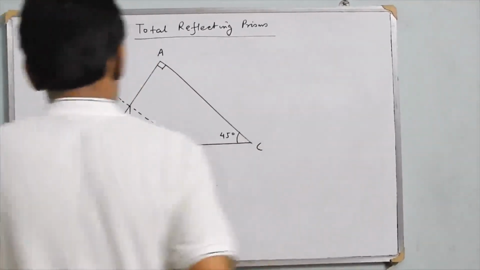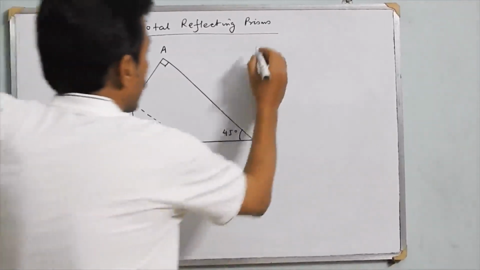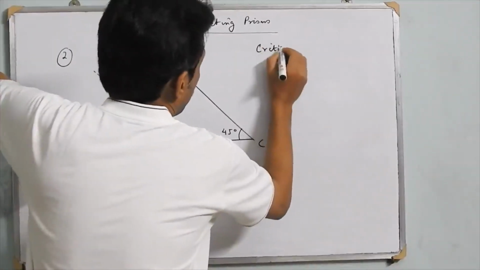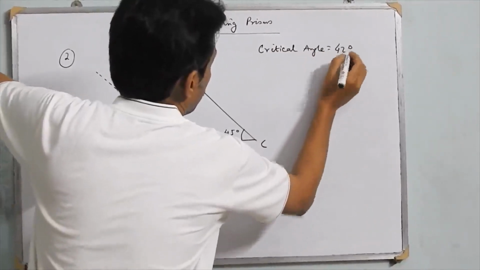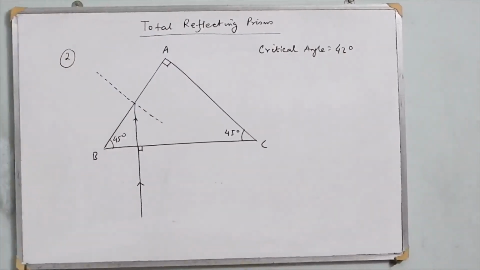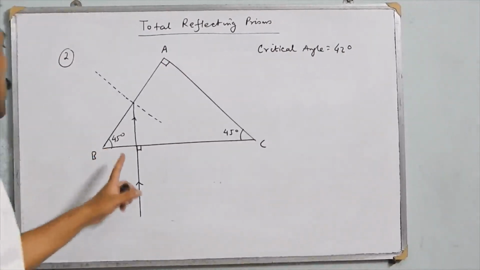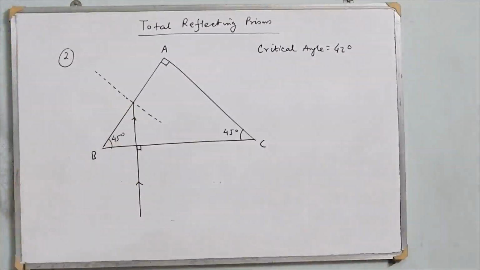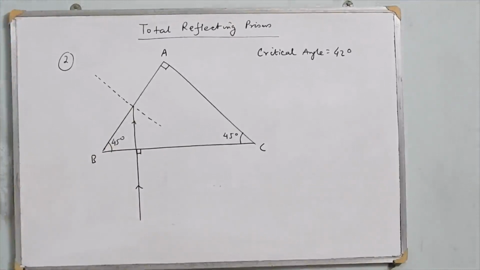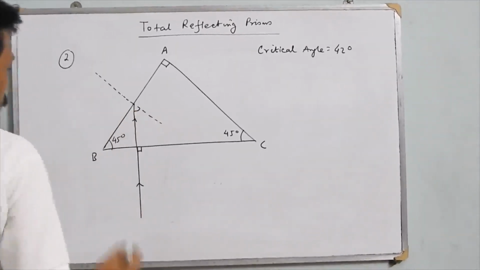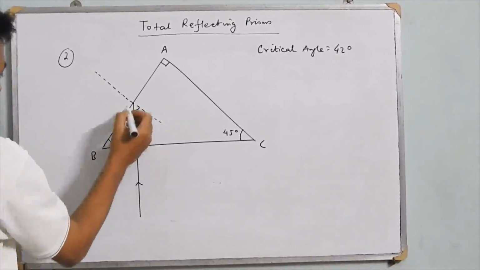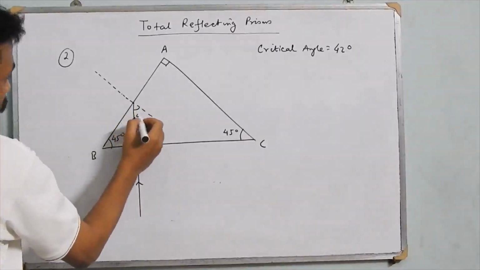Now remember that the critical angle I have set as 42 degree. So if the angle of incidence is greater than 42 degree, when the ray is moving from denser to rarer, it will obviously show total internal reflection. So now this is your angle of incidence. This is 45, this is 90, this angle is 45, so this angle is also 45.